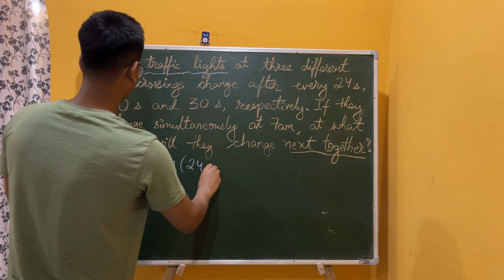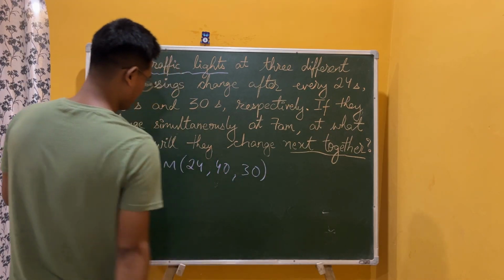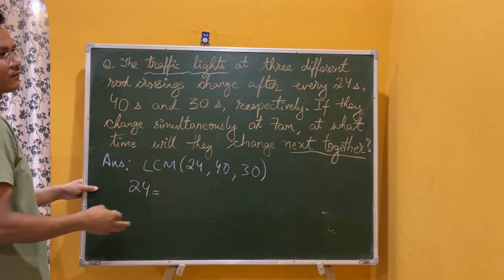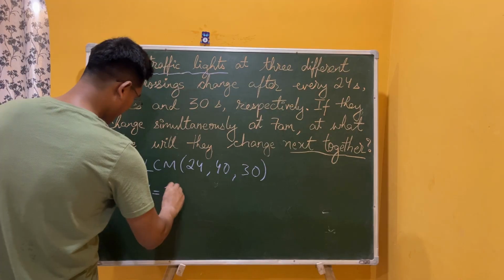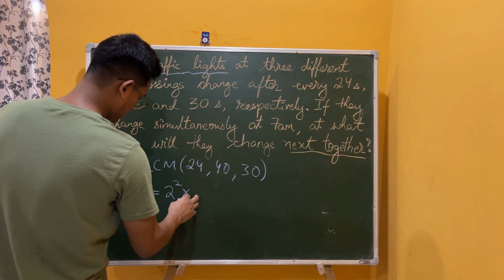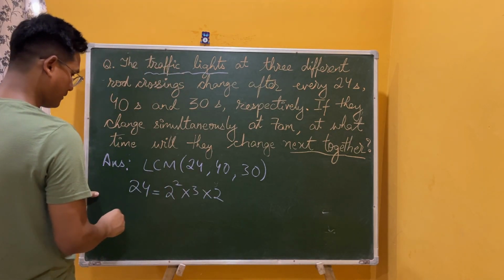LCM of 24, 40 and 30. So you prime factorize 24. 24 is 12 into 2. So 12 I can write as 2 square into 3. This is 12 into 2 is 24.